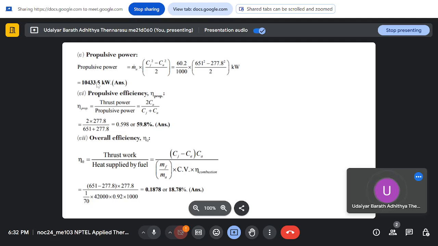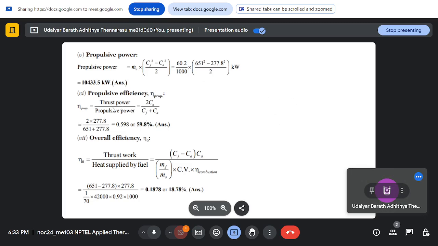Next is propulsive efficiency. Propulsive efficiency is nothing but thrust power divided by propulsive power. Thrust power we have already calculated: mass into your difference in velocity, Cj minus Ca, divided by your propulsive power, which is your change in kinetic energy. So change in momentum divided by change in kinetic energy.